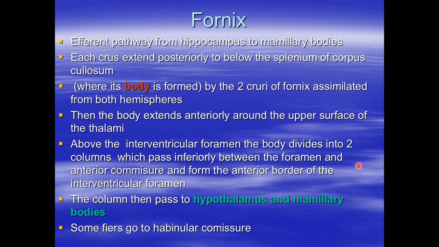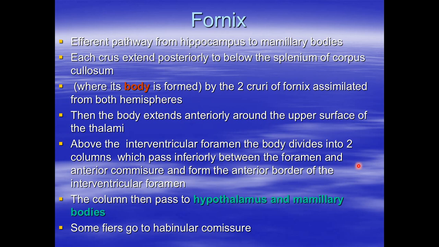So the crura go posteriorly to the level of the splenium of the corpus callosum, where they unite with each other, forming a body, okay, the body of the fornix, and then this body extends anteriorly at the upper surface of the thalami, on the superior surface of both thalami, and above the interventricular foramen, the body will divide into two columns which pass inferiorly between the interventricular foramen of Monro and the anterior commissure, and forms the anterior border of the interventricular foramen.